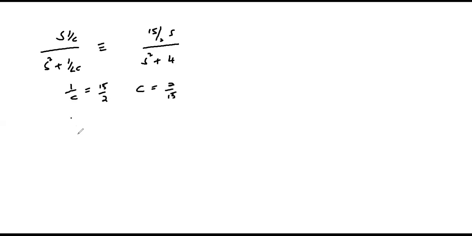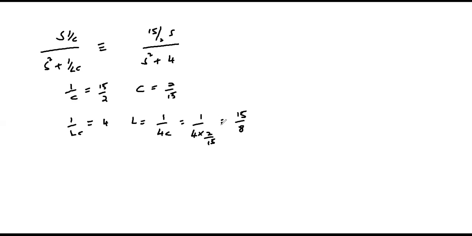Then 1 over LC will be equal to 4. So the constant in the denominator is 4. Here it's 1 over LC, from which we notice that our L will be 1 over 4C, which is 1 over 4 times 2 over 15, and that will give us 15 over 8.